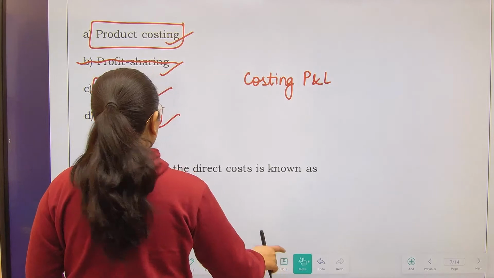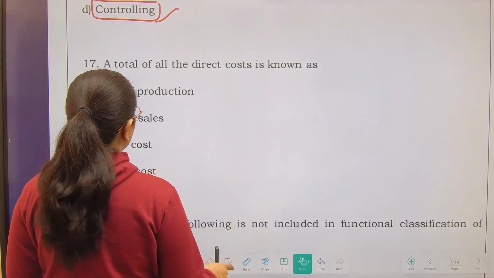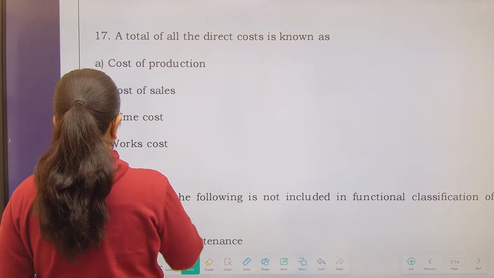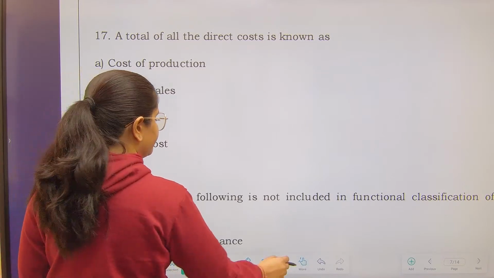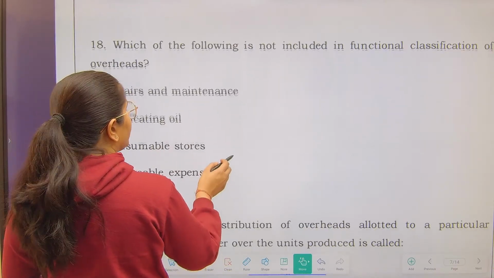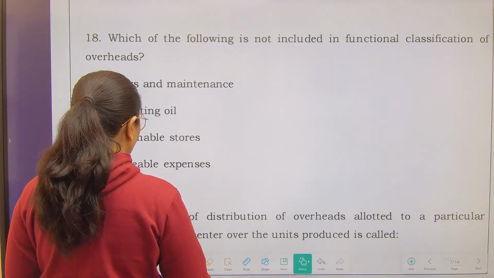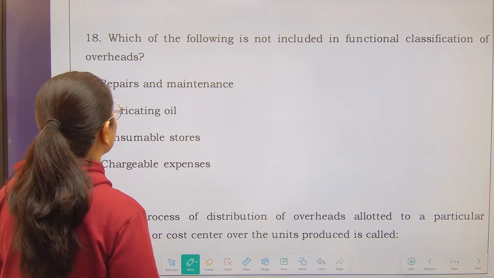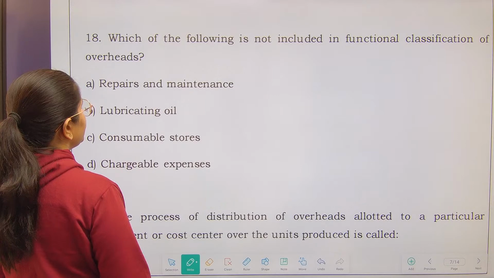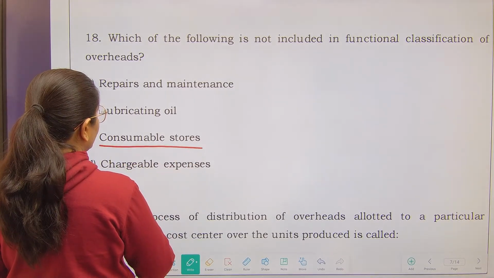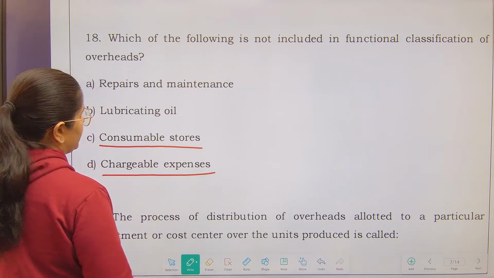Next question. A total of all the direct costs is known as prime cost. We know it. Which of the following is not included in the functional classification of overheads? Repairs and maintenance, lubricating oil, consumable stores, or the chargeable expenses.